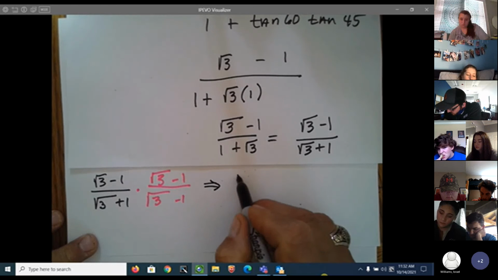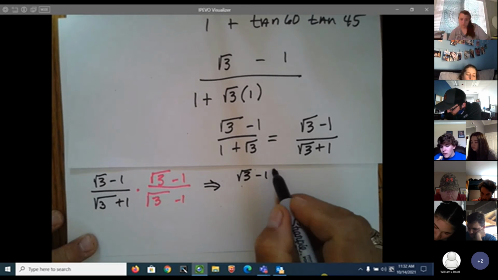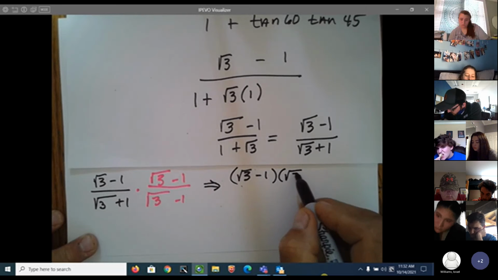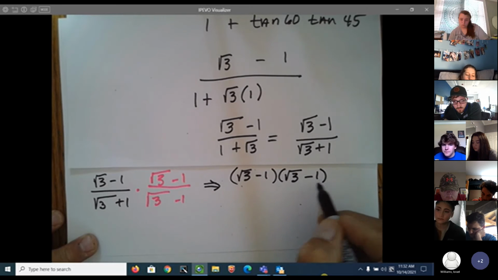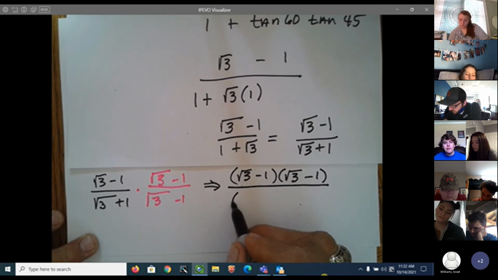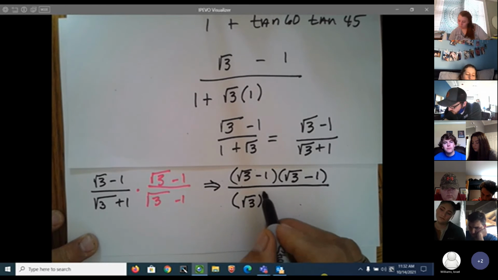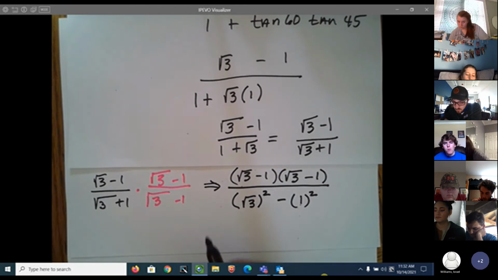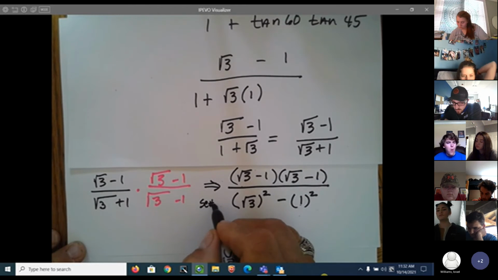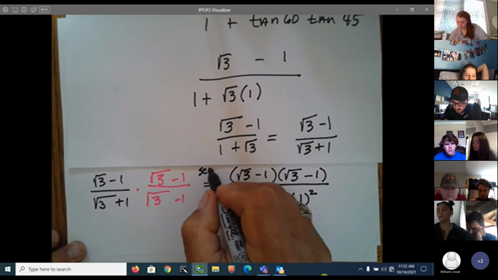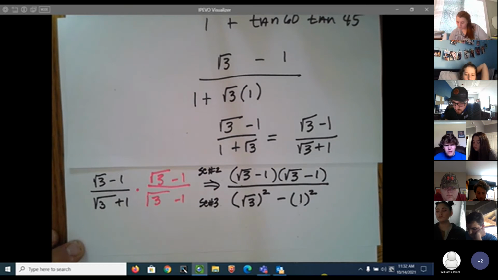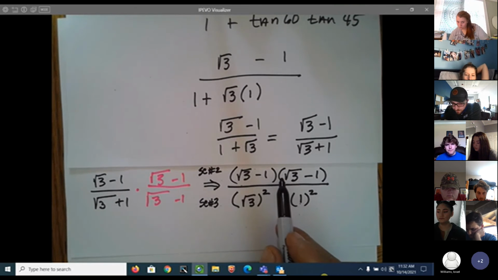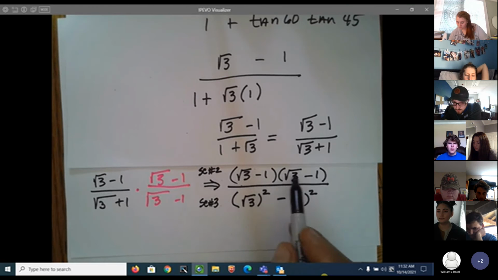Equals square root of 3 minus 1 times square root of 3 minus 1 over the square root of 3 squared minus 1 squared. Shortcut number 3, shortcut number 2. This is the square root of 3 minus 1 quantity squared. And we're going to do this in just a minute, or you can use your FOIL.